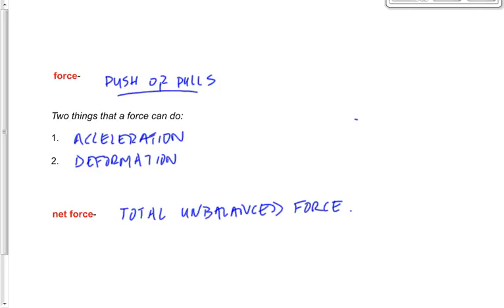Well, maybe if Nick pushes on his desk, on this desk here, with a certain force this way, and I push with the same force the other way, two forces acting there, but the net force is 0. The total unbalanced force is 0. When you have an unbalanced force of 0, when everything balances out, nothing happens. The object keeps doing what it's doing. If that desk is at rest, it's going to stay at rest as long as we both push on it with the same balanced force.